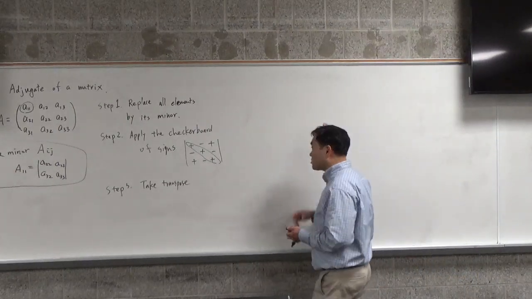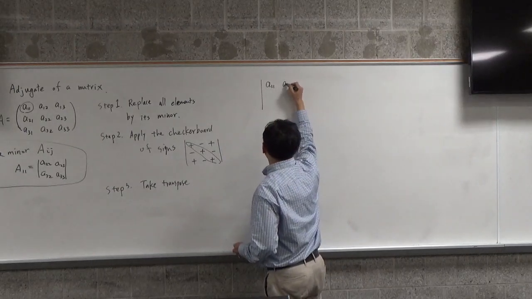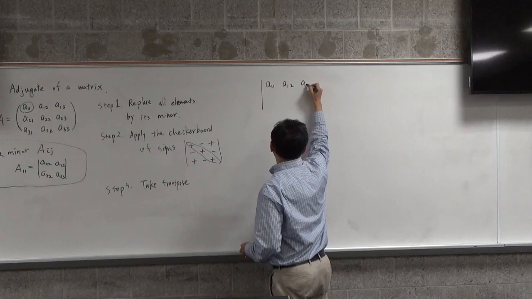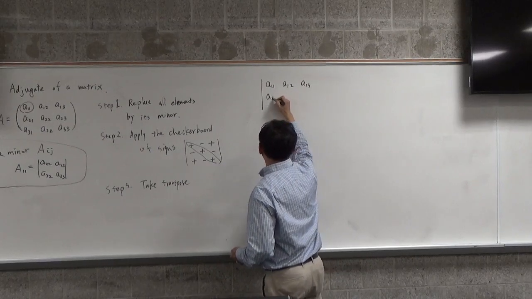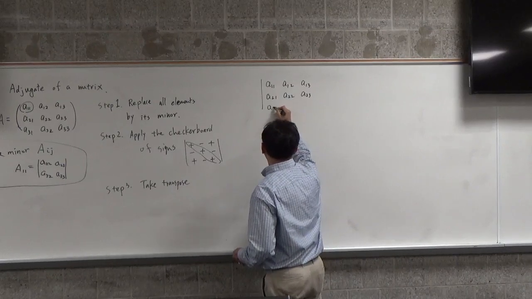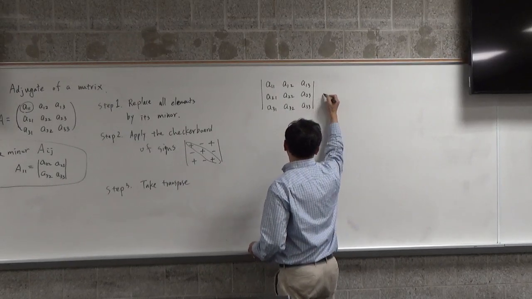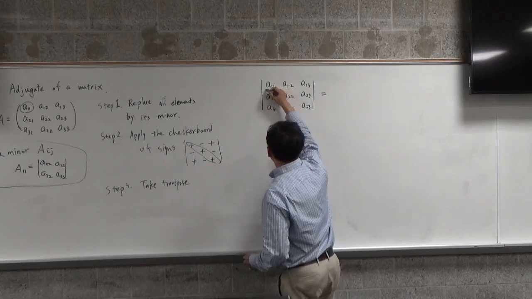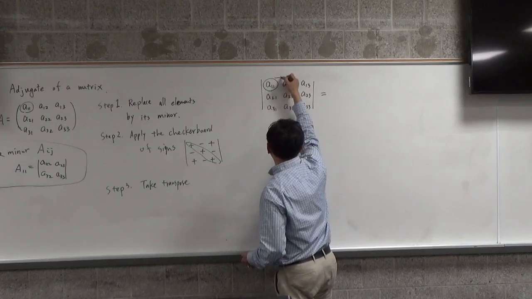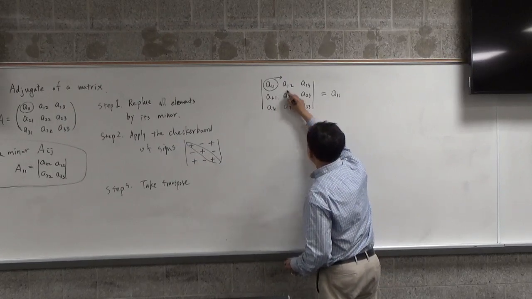And the significance of this is, if you take the determinant of the given matrix, then when you do the row expansion, right, it's A11 times this minor.